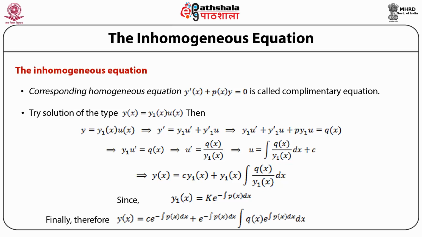So finally, the required general solution of the inhomogeneous equation is y(x) = c e^(-∫p(x)dx) + e^(-∫p(x)dx) times the integral of q(x) e^(∫p(x)dx) dx.